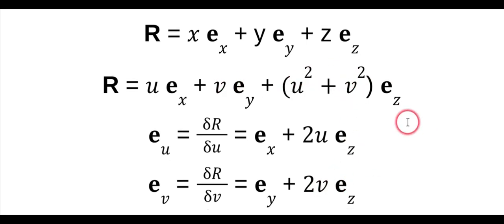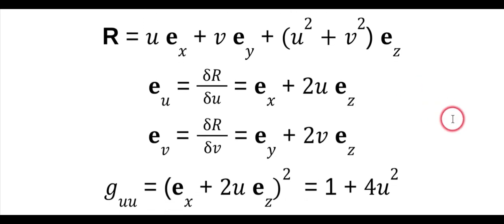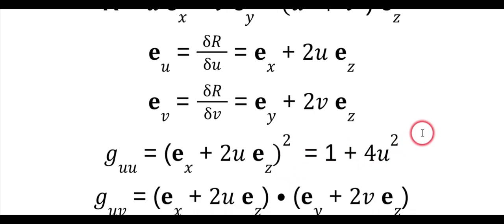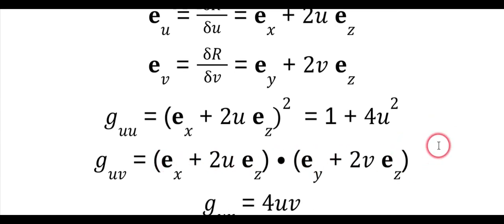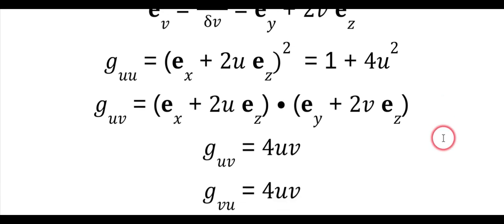Alright? So now we can find our metric tensor. So it is just EU dot EU, so EU squared, which gives 1 plus 4u squared. Remember, EX dot EZ is 0, EX dot EX is 1, EZ dot EZ is 1. So we get a scalar. GUV is EU dot EV, which is 4UV, and it's a symmetric tensor. It always is. I shouldn't say always. Every one I've ever seen is symmetric. 4UV, 4UV.